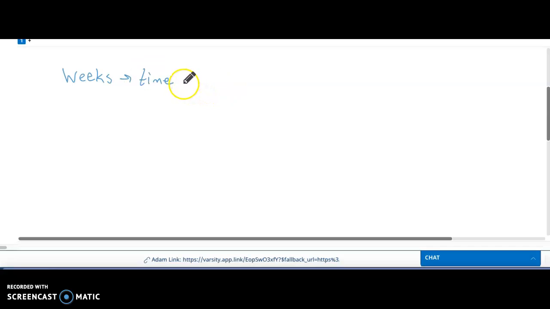So that's going to be on your x-axis, or on the left side of your table. Okay, and then we have members, which is going to be your dependent variable, or on your y-axis.